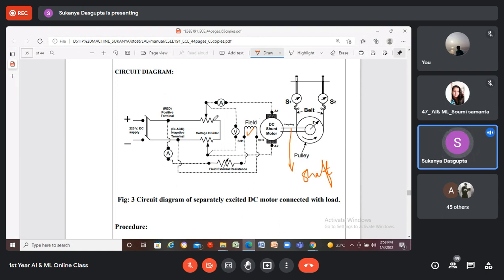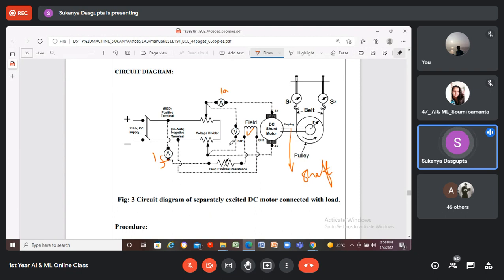And a set of potential dividers, rheostats, are required to be connected with the armature of the DC shunt motor. And the armature is connected in series with this ammeter. That means this ammeter will measure the armature current IA, and this ammeter will measure the field current IF.